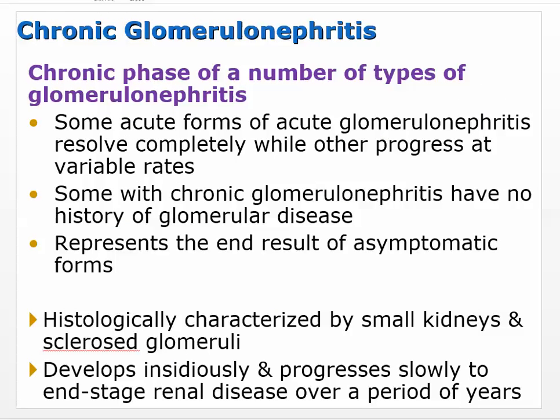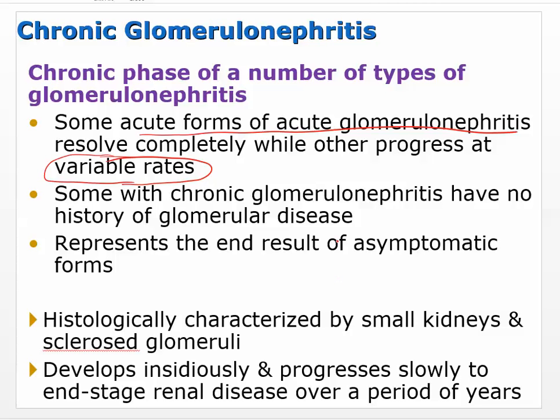Okay, so chronic. Most of these we've been talking about have been acute, but chronic. So chronic phase of a number of types of glomerulonephritis. Some acute forms of these glomerulonephritises will resolve completely, but others progress at variable rates. So sometimes these things can kind of linger, hang on, repeat, keep coming back.